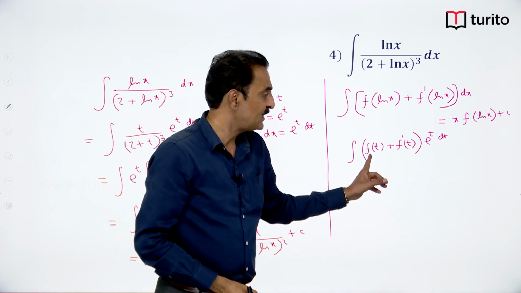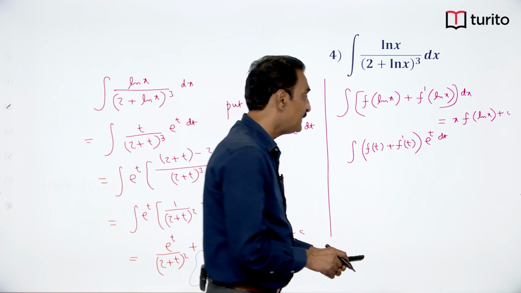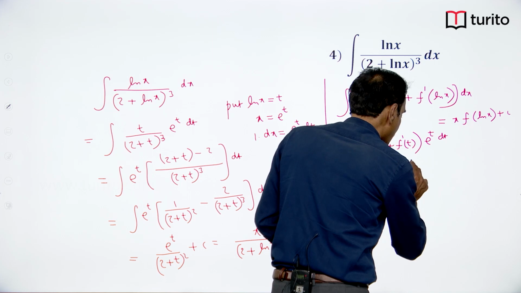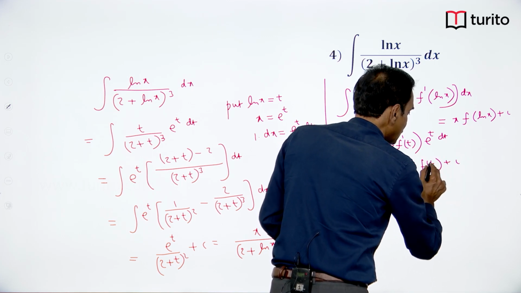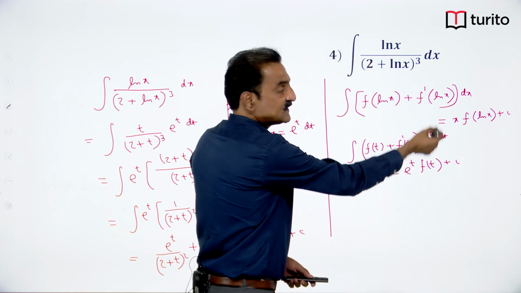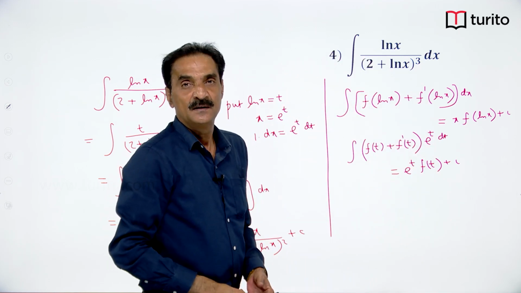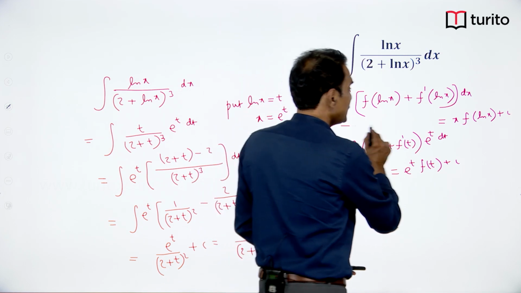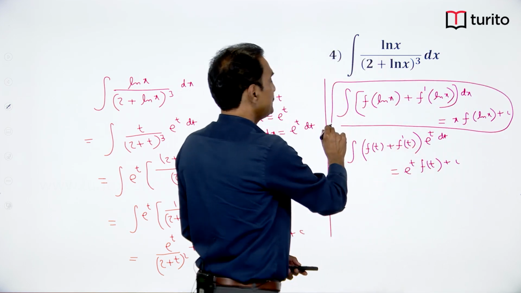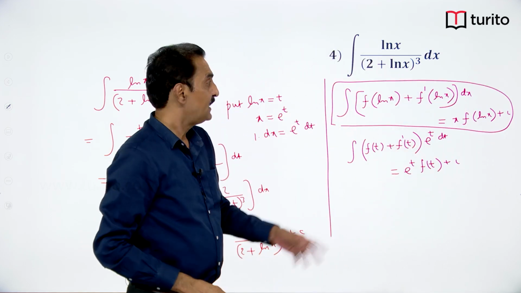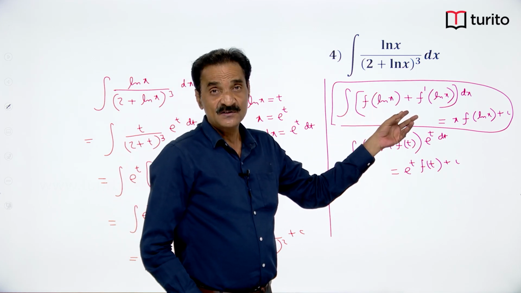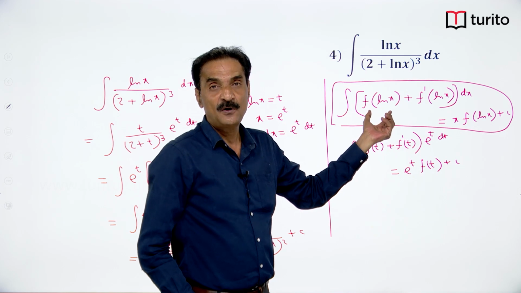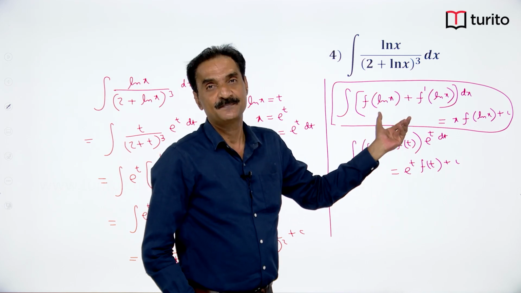Integral of e power t into f of t plus f dash t is e power t into f of t plus c, and e power t is x, t is ln x. So, if you can remember this result, we can solve it more quickly. Here f of ln x means a function of ln x, f dash ln x means derivative of f of ln x with respect to ln x.